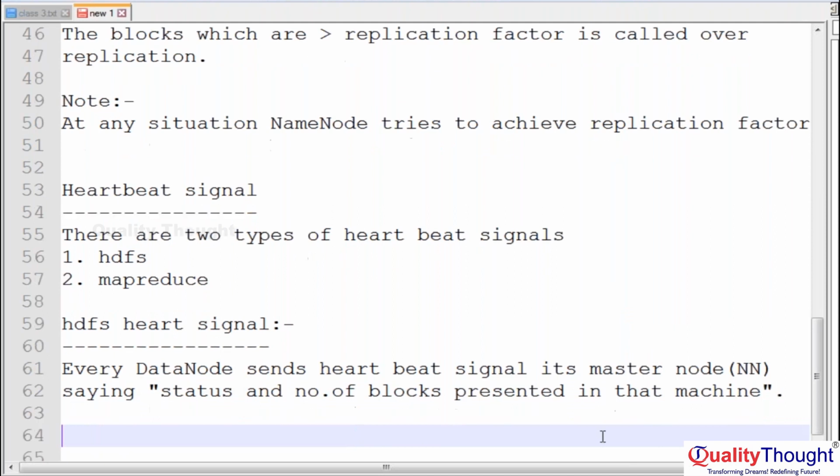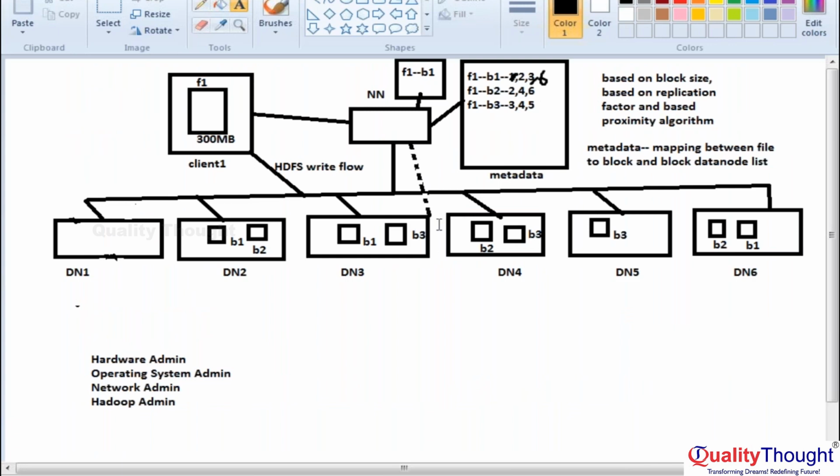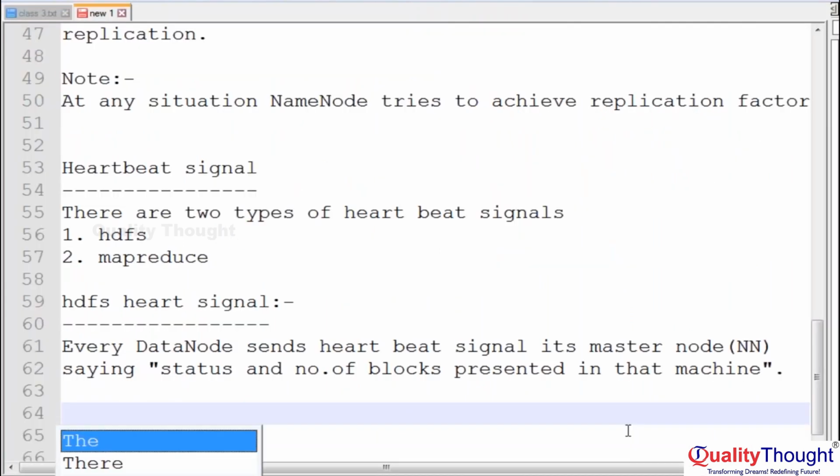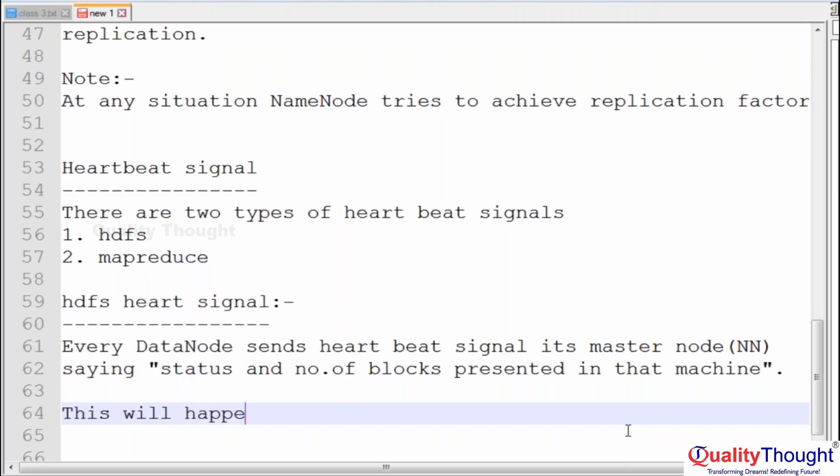So in this heartbeat signal, it will send the status as well as the number of blocks presented in this machine. This will happen every 10 minutes, but it is configurable.